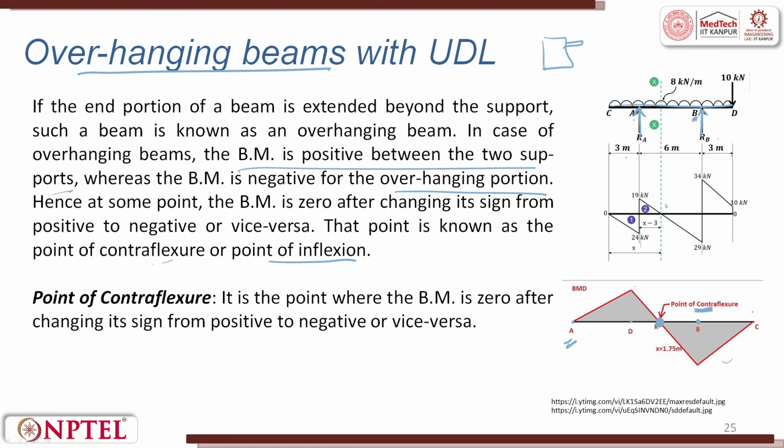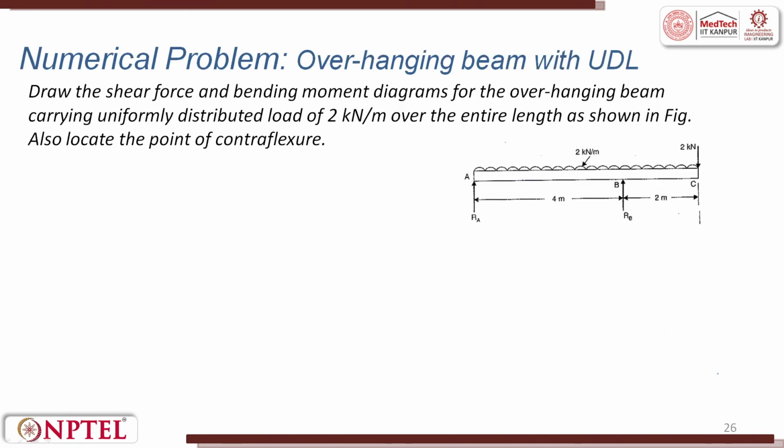The point of inflection is the point where the bending moment is 0 after changing its sign from positive to negative. So, let us try to solve one simple problem in bending moment diagram.